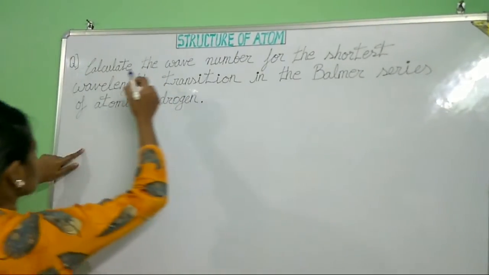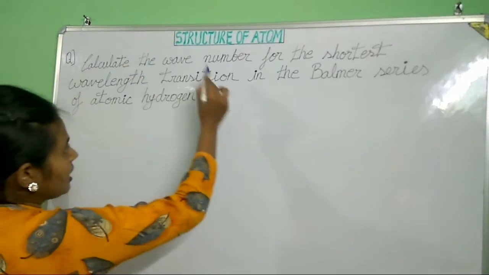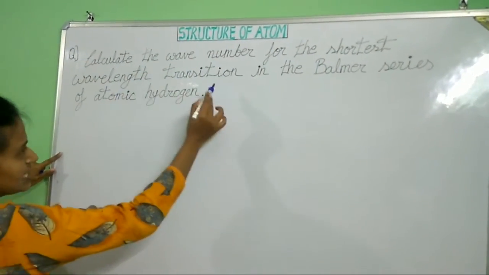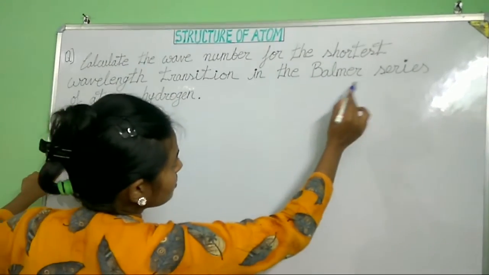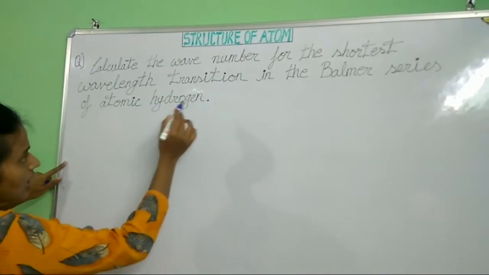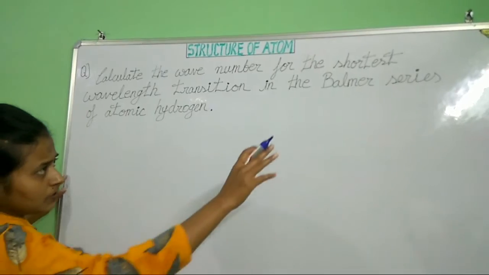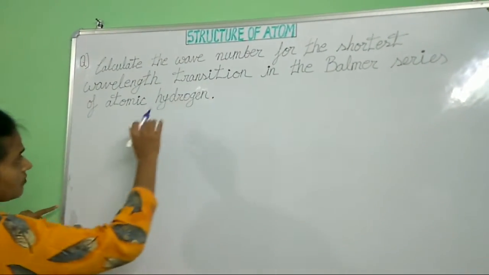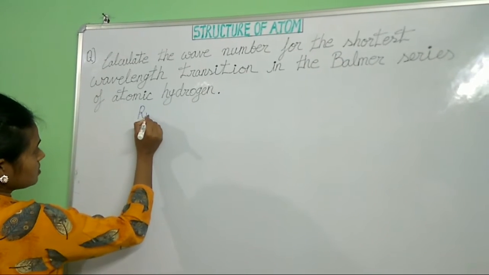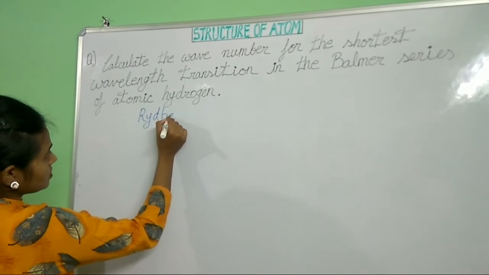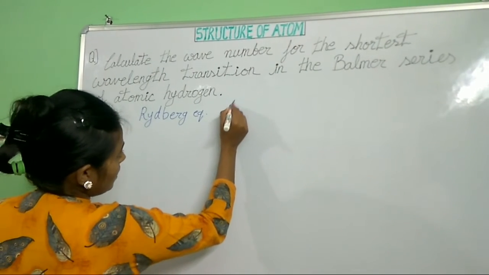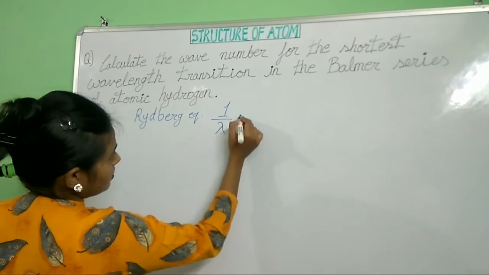See the next question. Calculate the wave number for the shortest wavelength transition in the Balmer series of atomic hydrogen. Now, whenever we study about emission spectrum of hydrogen, we have studied about Rydberg equation, right? What is the equation? That is 1 by lambda. 1 by lambda is wave number.